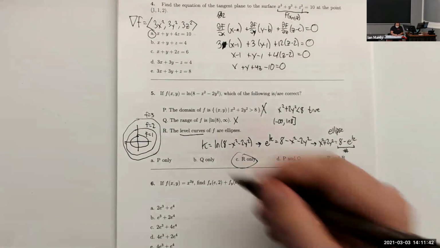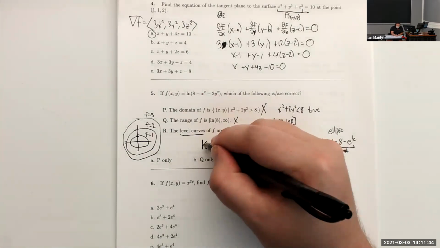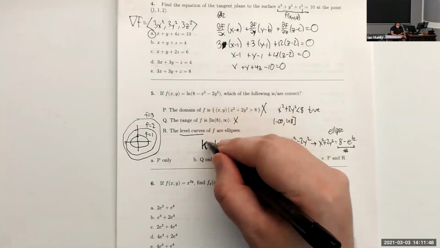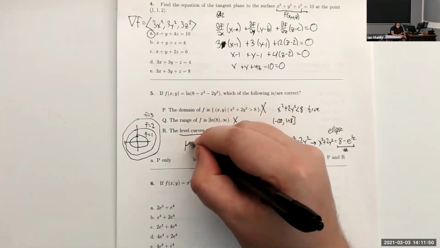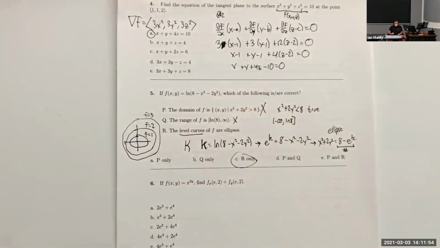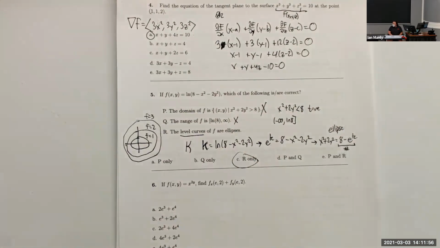Oh, you thought this was kappa. Oh, yeah, I'm sorry. This is a k. Yeah, the little lower leg of my k's connects to the upper leg. Kappa I'll write like this, where it kind of splits out from the k. So that's kappa.